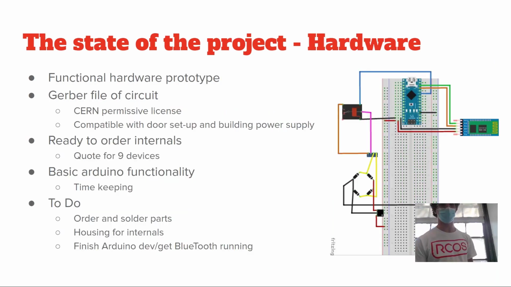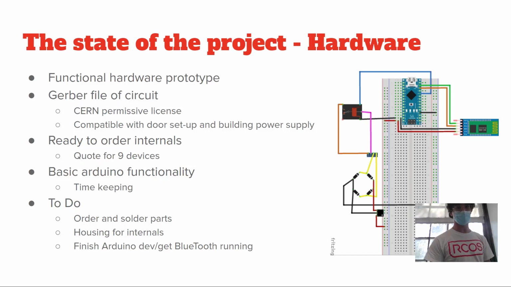From the hardware perspective, at the beginning of the semester I got this mailed to me from Jing, one of our former members. We had a functional hardware prototype that was tested and working on a lot of doors on campus, but it was a very simple thing, pretty much just an off-on switch for an Arduino and a relay. We had no functionality for Bluetooth or for how the power system was going to work within the building.